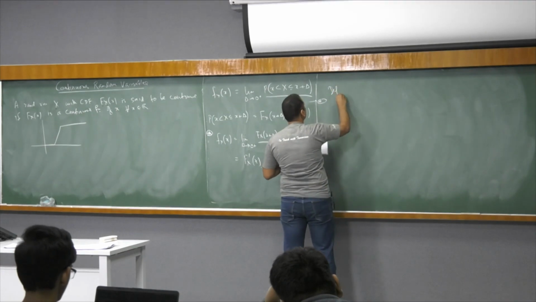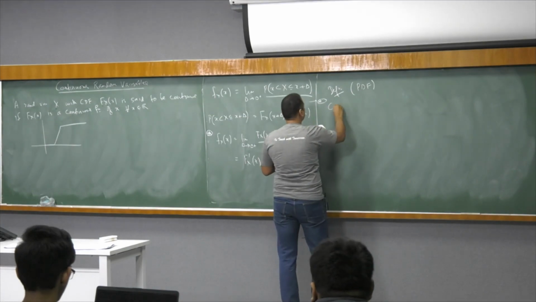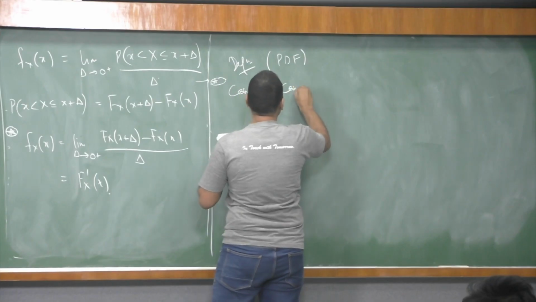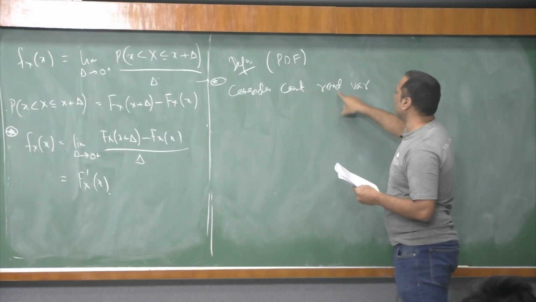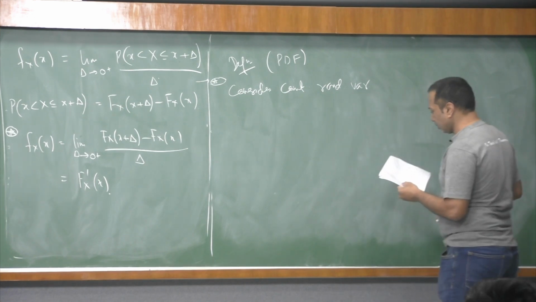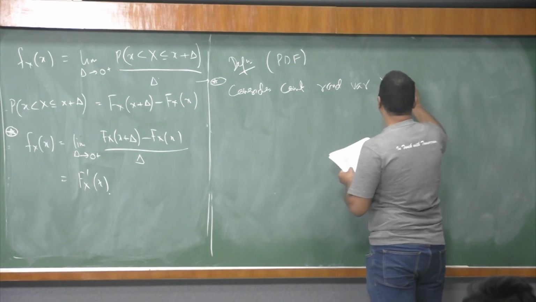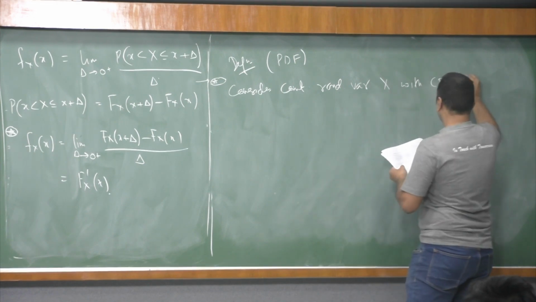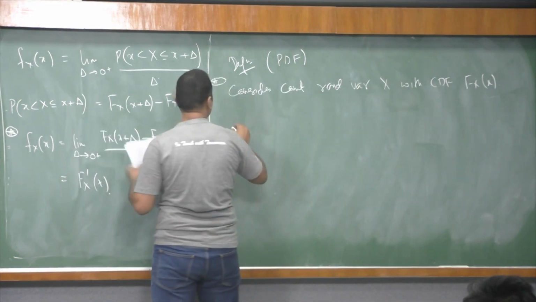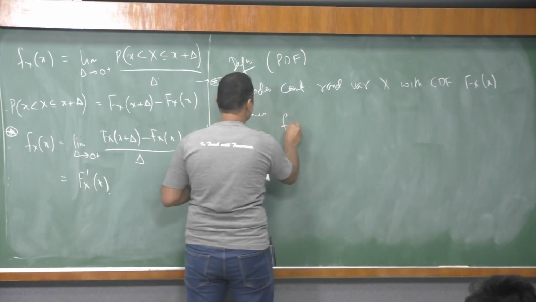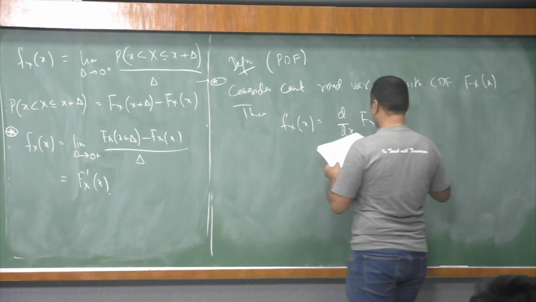So, definition of PDF. Consider a continuous random variable X with CDF F_X(x). Then the function which is the PDF is defined as f_X(x), which is d by dx of capital F_X.